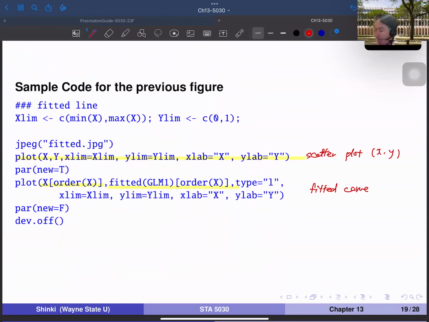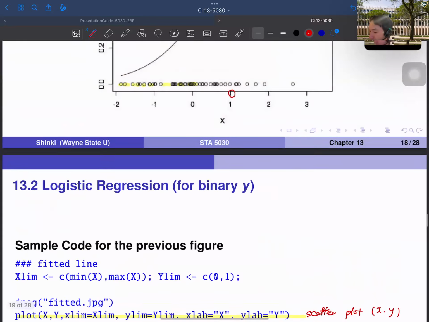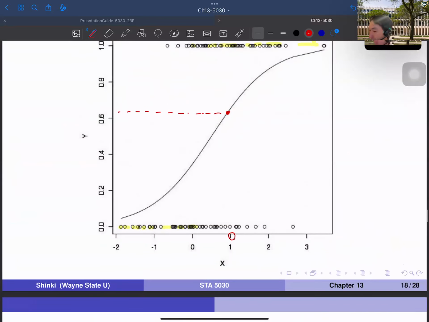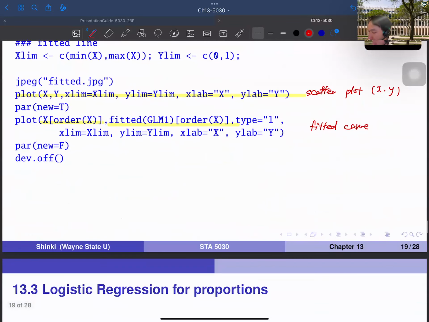To make the fitted curve, you want to order the observations of x. Basically, this curve is made by connecting 100 points, that is the fitted values for these 100 observations. But you have to order it to make the graph make sense.